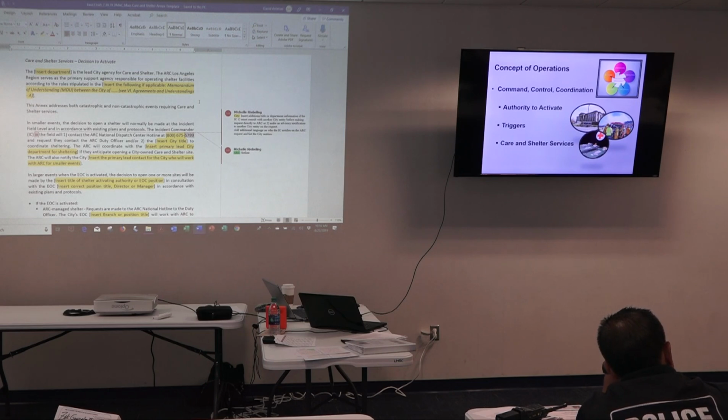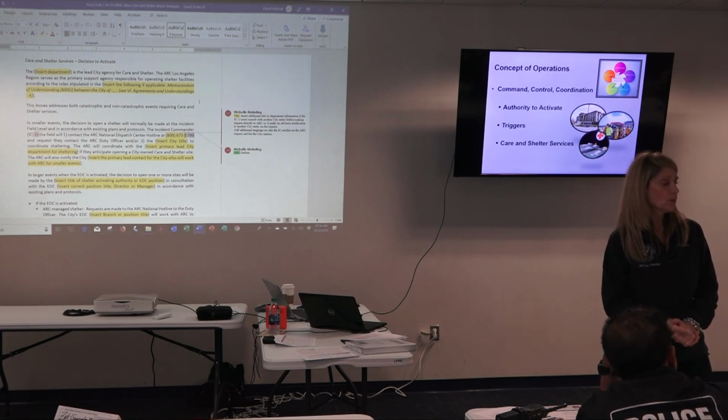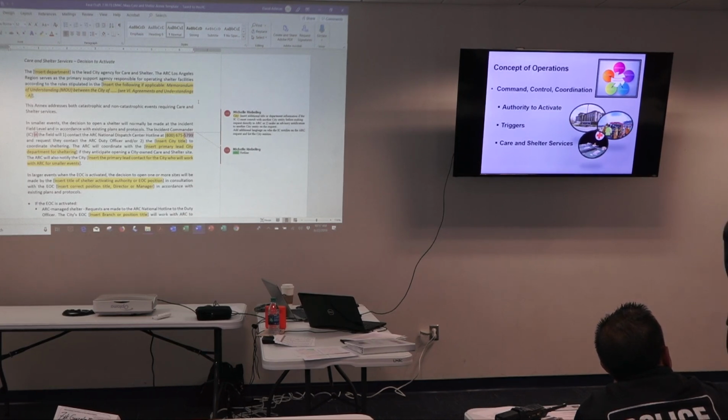They would send a representative to fill the mass care branch director position in field command. With that representative sitting in the organization, can care and shelter be managed from the field? Yes, because you have the function embedded in the incident command system.